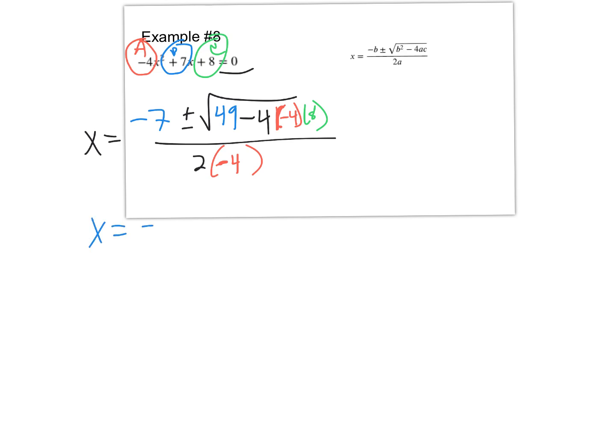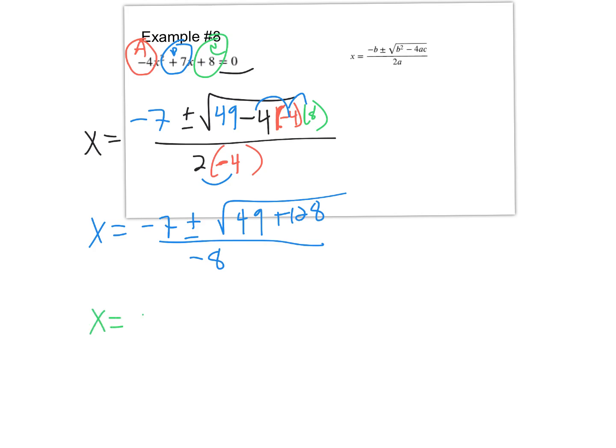X equals negative 7 plus or minus radical 49. Now negative 4 times negative 4 is 16. 16 times 8 is going to be positive 128. Divided by negative 8. All right, so let's evaluate.